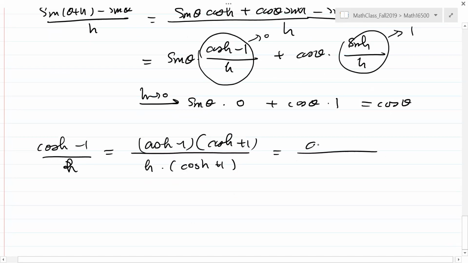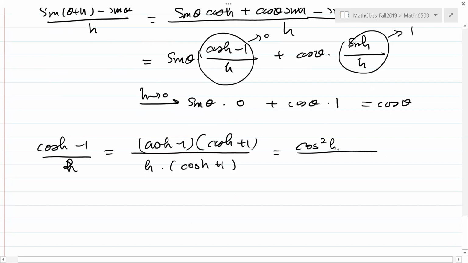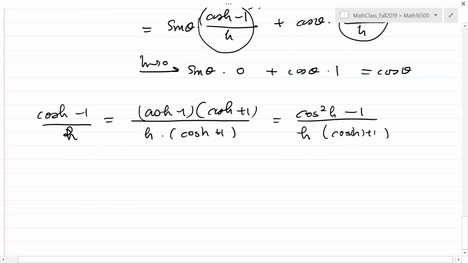I get cosine square h, sorry, it's not a hyperbolic cosine. This is cosine square h minus 1, over h. But cosine square minus 1 becomes negative sine square h, over h.